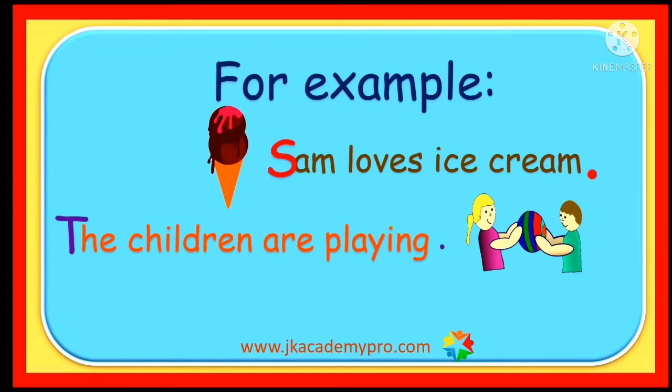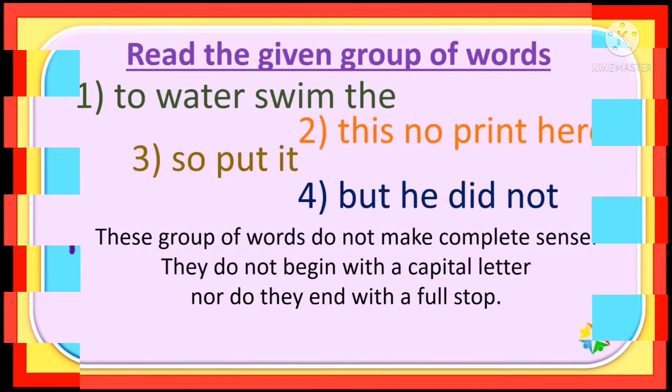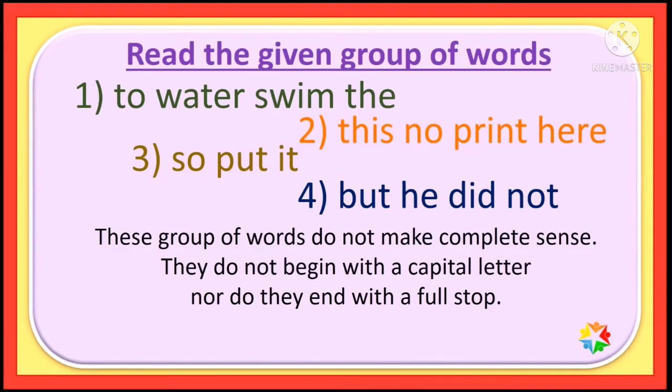In the second sentence also, the children are playing. T of The is capital because this is the first letter of the sentence, and after playing there is a full stop. So The children are playing is a complete sentence because we have followed the rules that the first letter should be capital and there should be a correct punctuation mark at the end of the sentence.